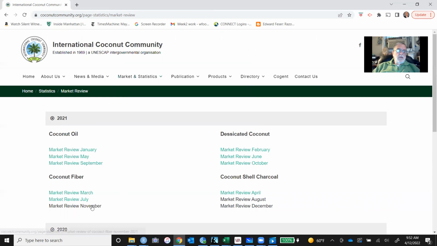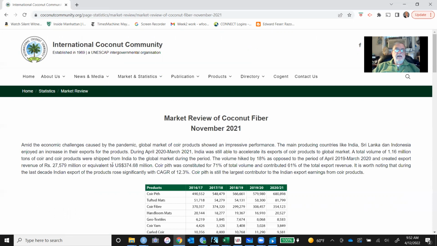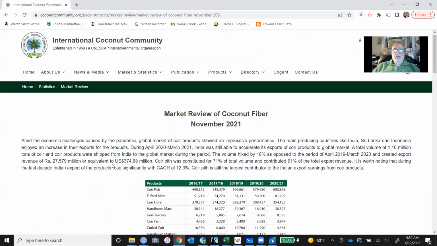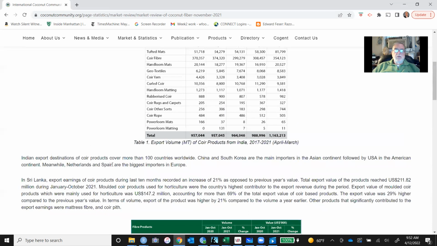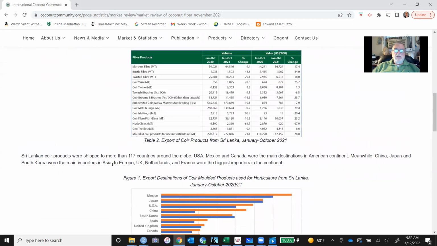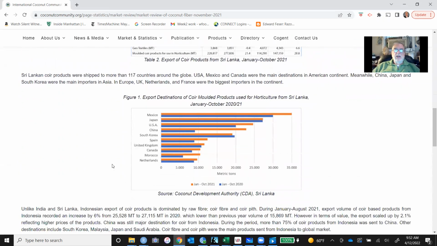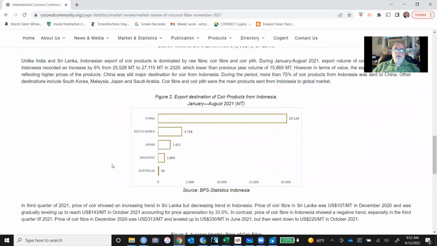Let me pull up a November one, see if we can get a picture. Yeah, there's some tonnage movements here. You can see where the volumes are exported and the types of products in various destinations for horticulture, for example.